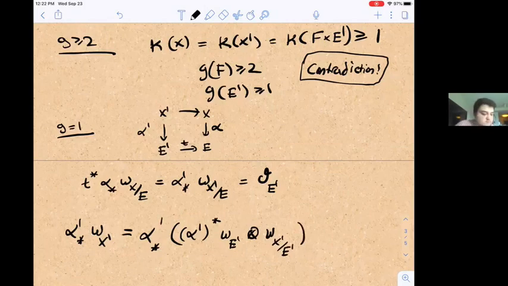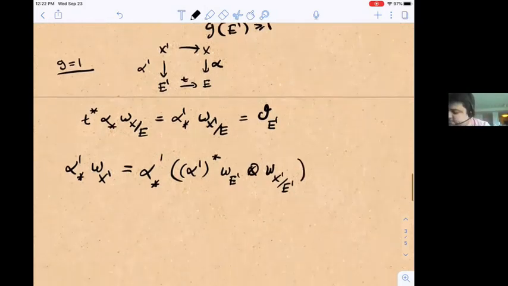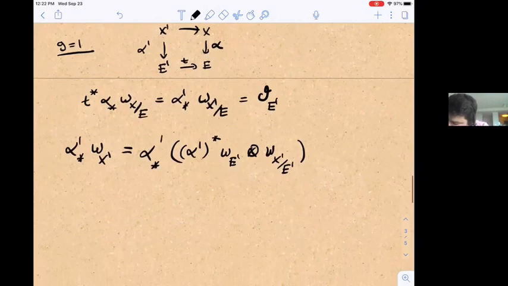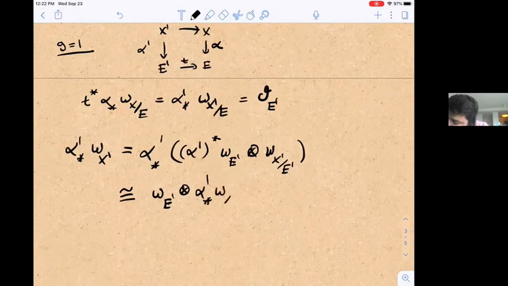That's the definition of the relative canonical. And now by projection formula, this is isomorphic to this bundle.